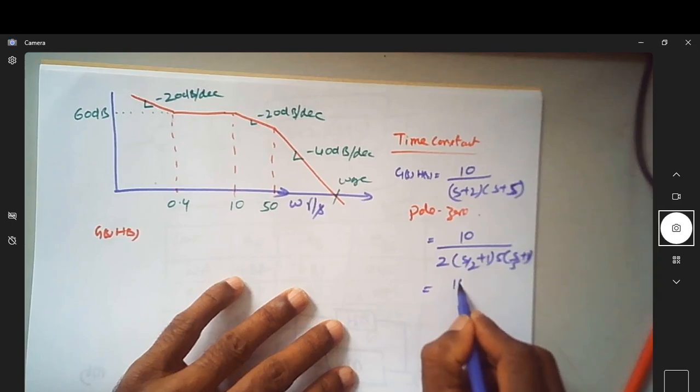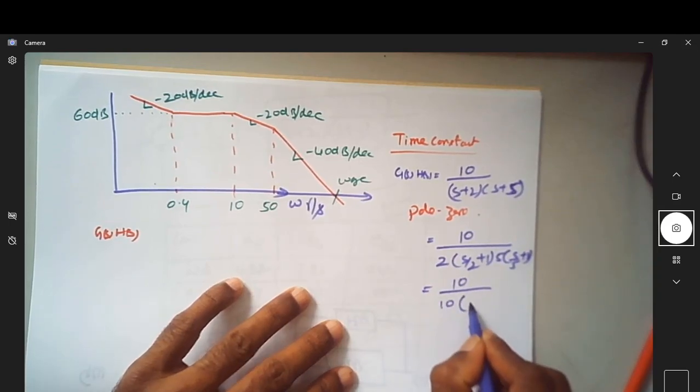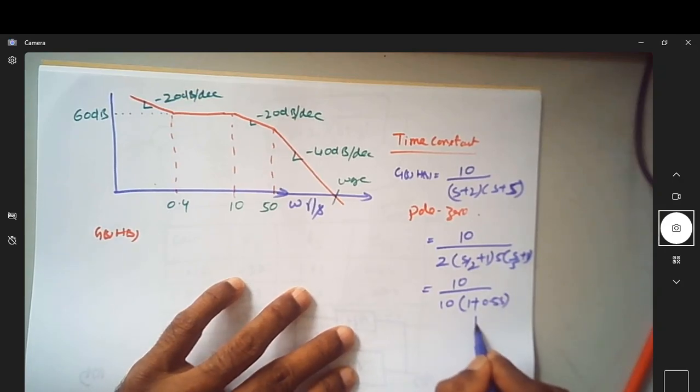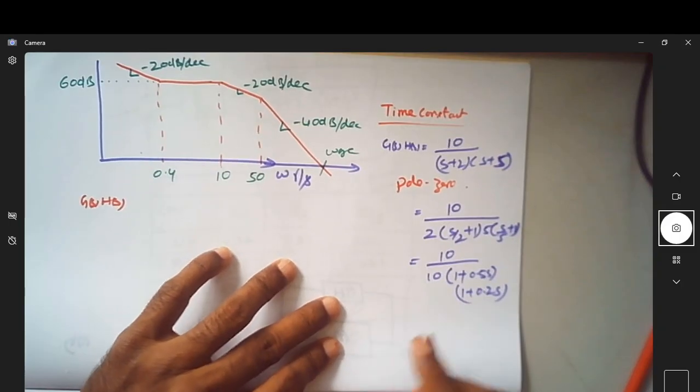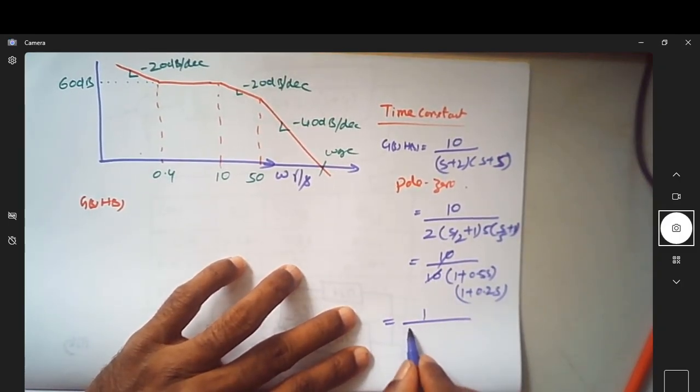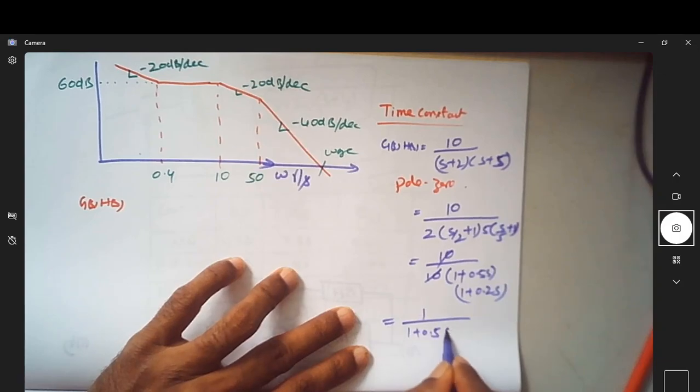Now I can write it as 10 by 10, and 1 plus 0.5s and 1 plus 0.2s. Now ultimately this will go off. So you have a transfer function which is 1 over (1 plus 0.5s)(1 plus 0.2s).